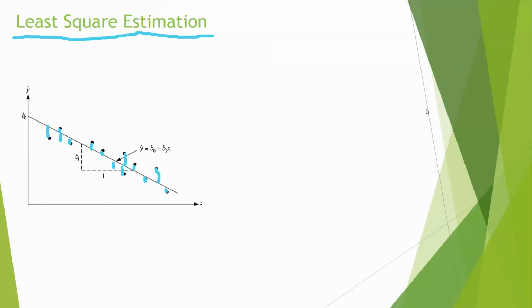So if we want to compare the red line with the black line, we need to do the same thing, right? We calculate the deviation from each data point to this line. You are going to see the difference will be much larger between the data points and the red line.